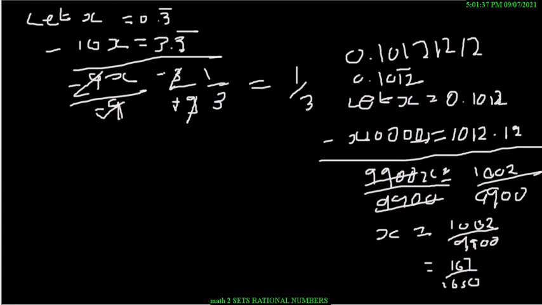But remember, this would take you a lot of time to find what can go into 1,002 and 9,900, time that you don't have in the exam. So I would prefer you to just leave it like this, but even if you do this, it's okay. So that's it for the video, and we'll continue in the next one.